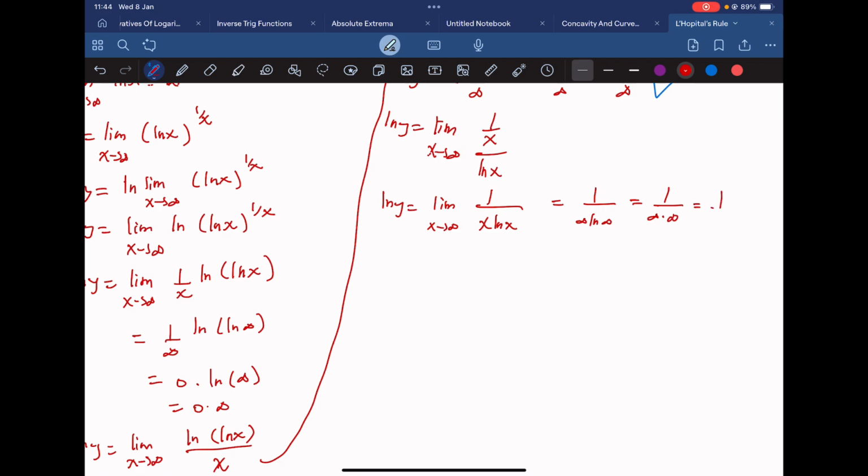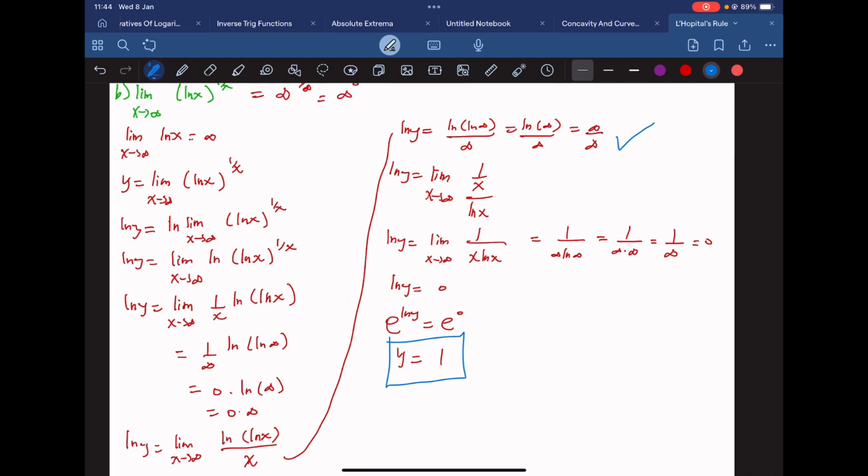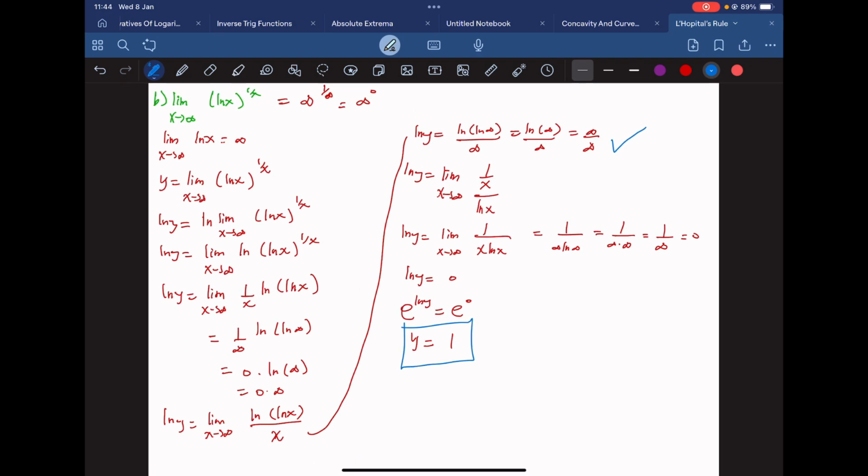So it's infinity times infinity, which is still infinity. So 1 over infinity, remember, is 0. So we have ln of y equal to 0. And to find y, we have to find the inverse of natural log. So now we have just y, and e to the power of 0 is 1. So we have our answer to the question as 1.